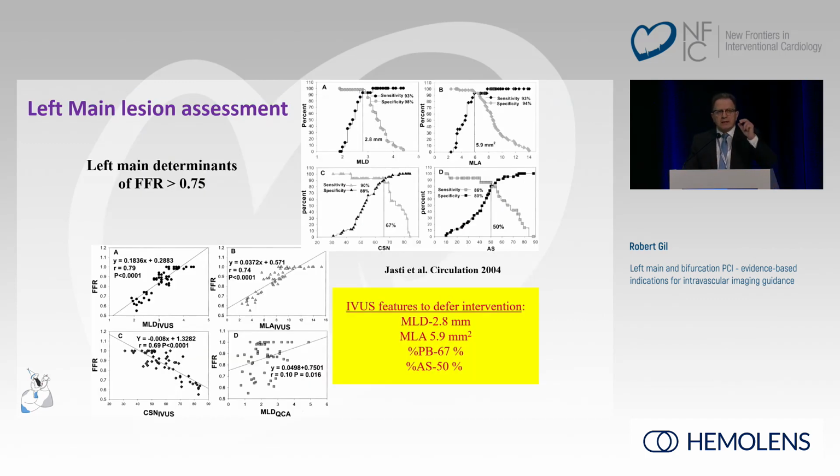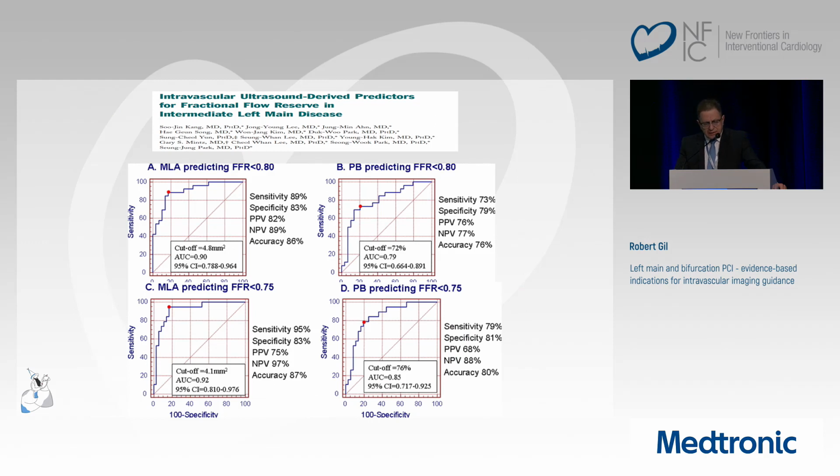In terms of left main, which is one of the most important bifurcations in a human coronary tree, we know quite well that there is a quite good correlation between functional assessment and minimal cross-section area. We know that for Caucasians, these 6 square millimeters mean an important value as a cutoff criteria.